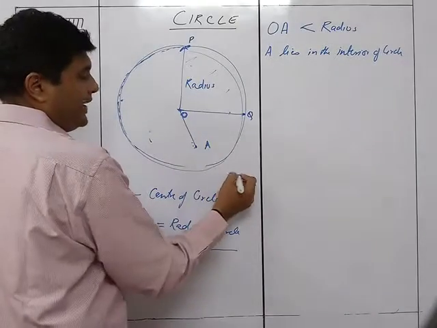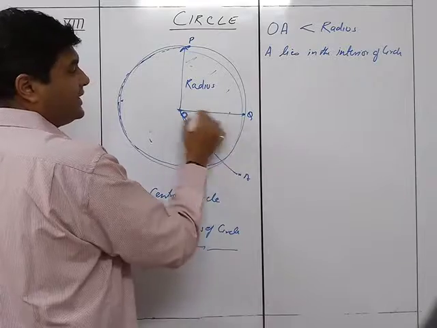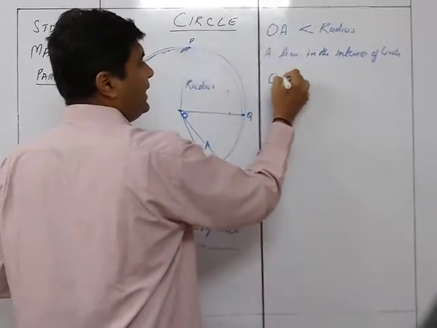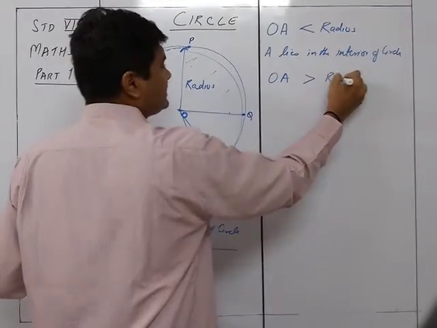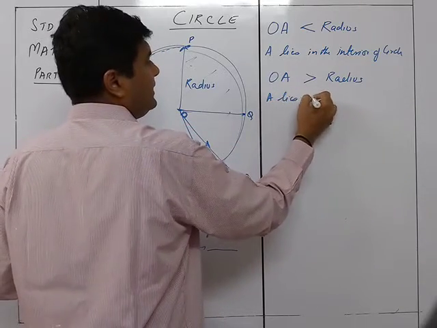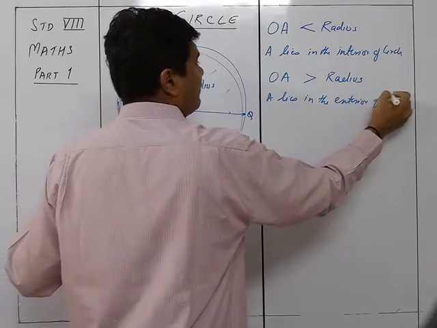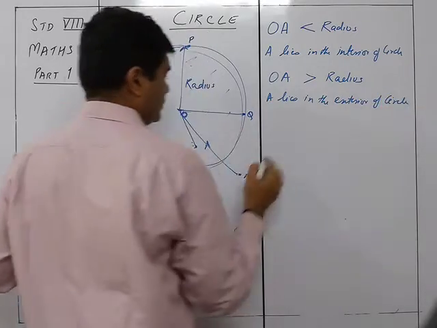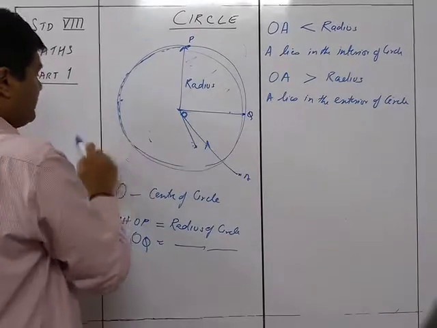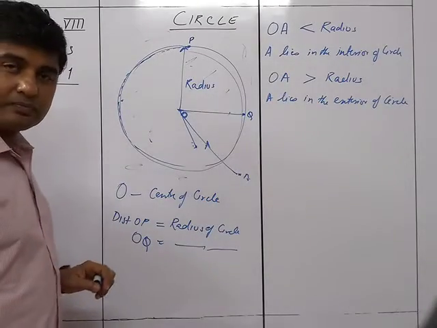If the point A is over here, and if OA is greater than the radius, then A lies in the exterior of the circle. So this is the exterior part, the outside part of the circle.